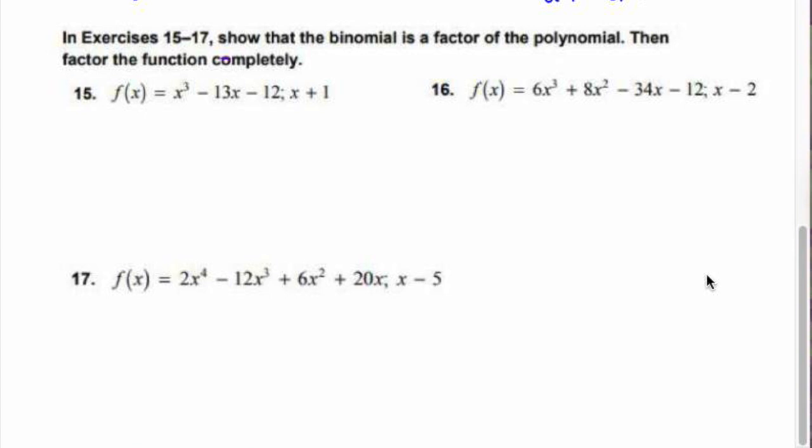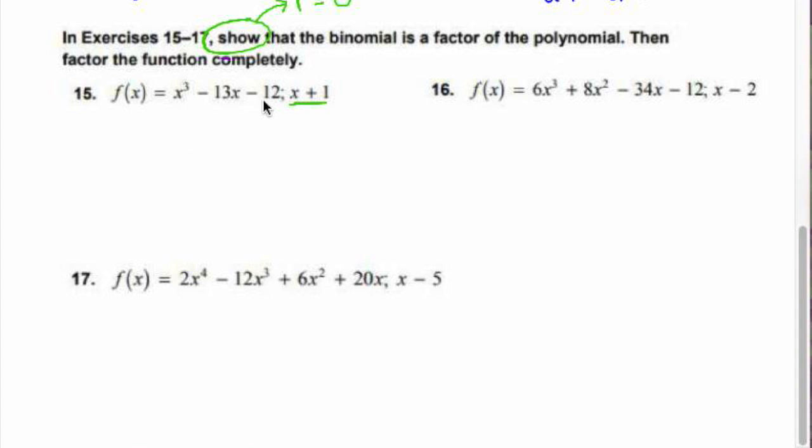The last 3 problems of the notes today are going to be about showing that the binomial is a factor of the polynomial. When it asks you to show that the binomial is a factor, they're trying to prove or verify that it is actually a factor. So when that happens, what we have to do is figure out, does this have a remainder when I go to plug it in? So when it says show, we're just looking for, is that remainder equal to 0?